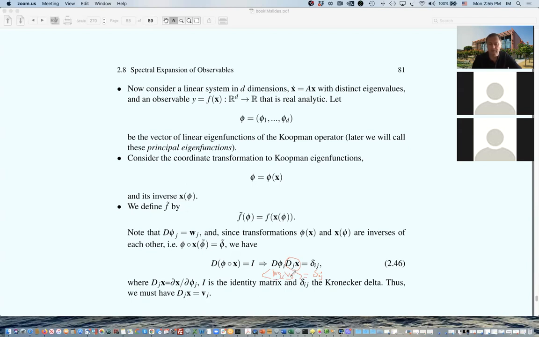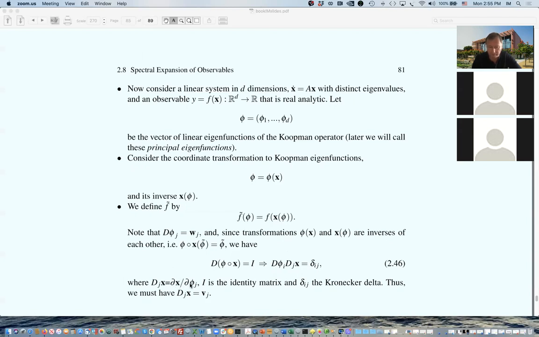So when I inner product this with vj, that's when I get the Kronecker delta. All right, so we just proved that this derivative of x with respect to the jth eigenfunction variable, so this is a vector x.